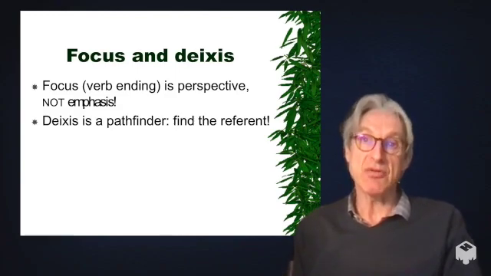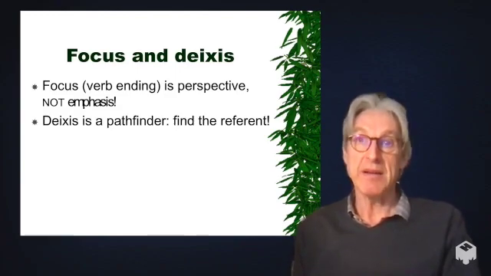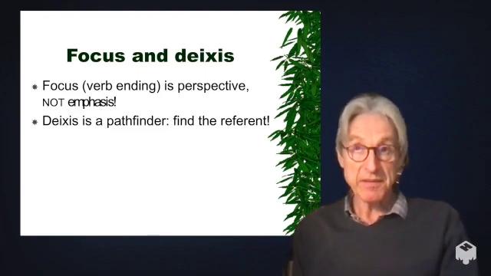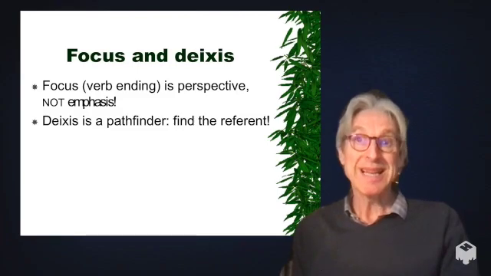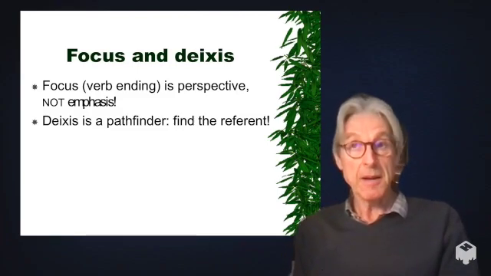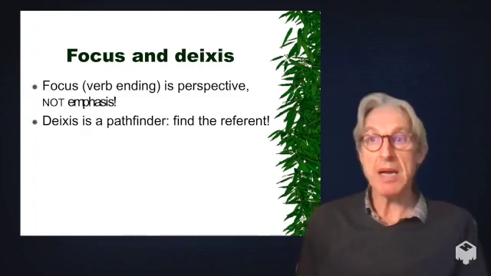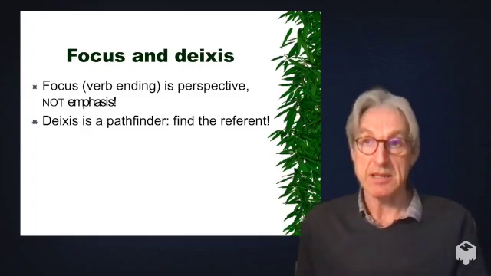Deixis is an instruction to the hearer to find the referent. So focus is a perspective, not particularly emphasis. Deixis is a pathfinder, and also not necessarily emphasis. With this in mind, we are going to try to attack this problem.